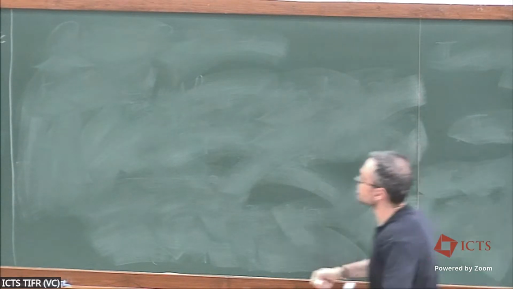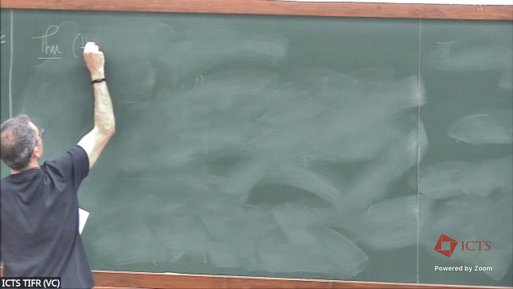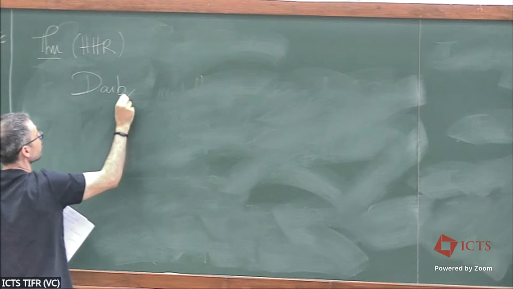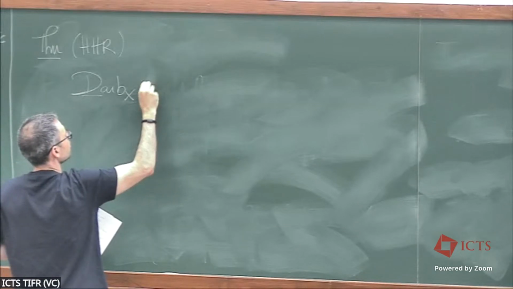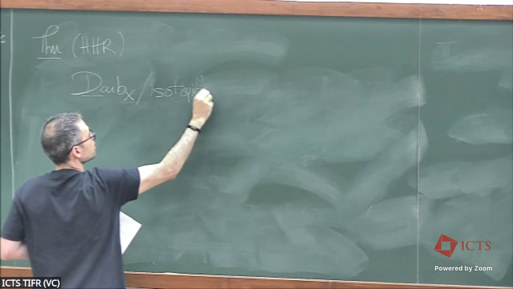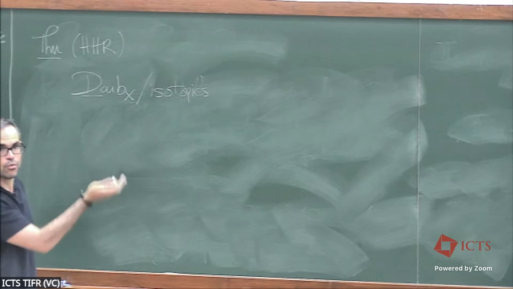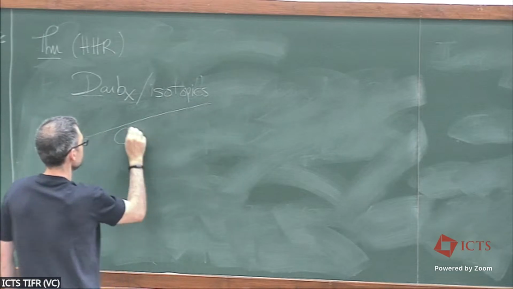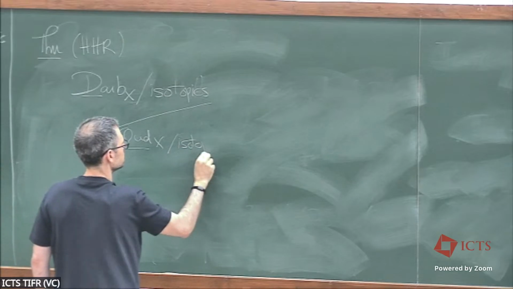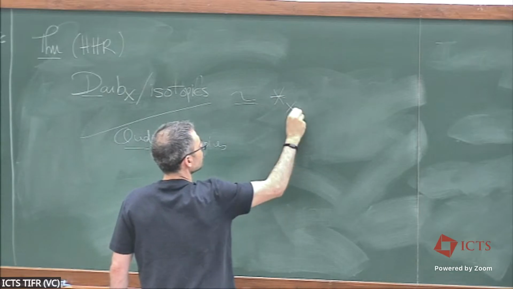If you take the Darboux stack and you kill isotopies, so essentially you identify maps which live in one parameter families, and you do the same for quad, then you get stacks which are contractible.